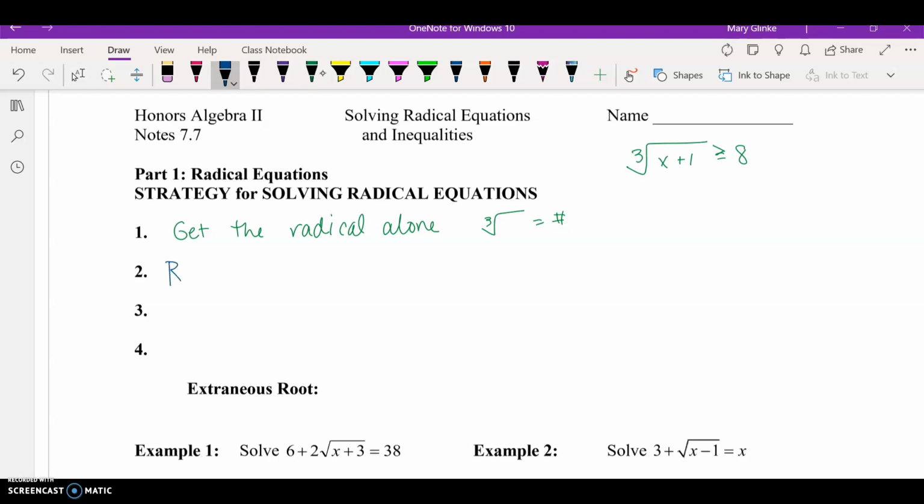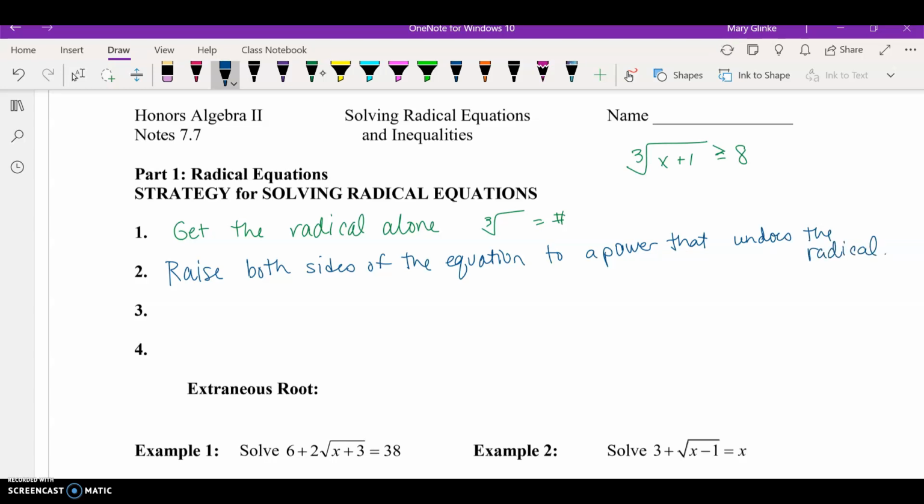Step 2 is going to be to raise both sides of the equation to a power that undoes the radical. In essence, you are doing the inverse operation for that nth root.